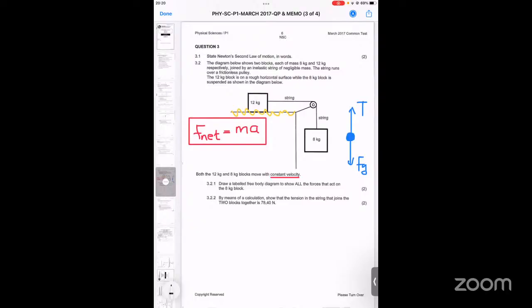So what I want to now do is to show you how you work it out by means of that formula which says F net equals ma. So the F net is your tension which is going up being positive, and then we can say plus our force of gravity going down, in the opposite direction, equals ma.